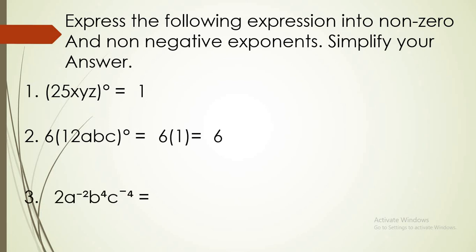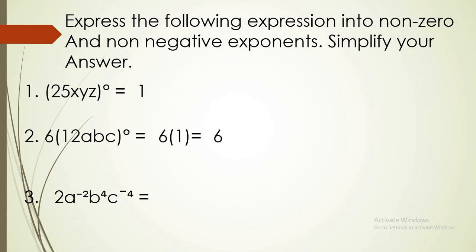Number 3 is 2, a raised to negative 2, b raised to 4, and c raised to negative 4. So remember that if you have a negative exponent, all you need to do is to inverse it. And the positive, what are you going to do? Just remain them in their position.